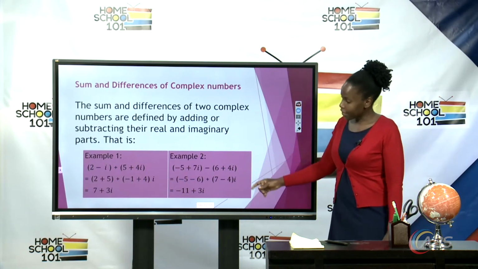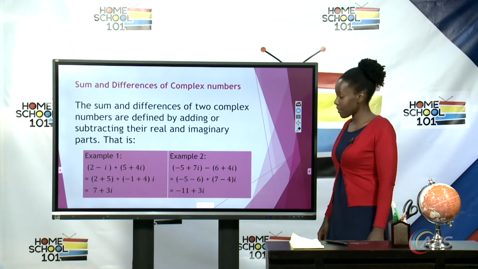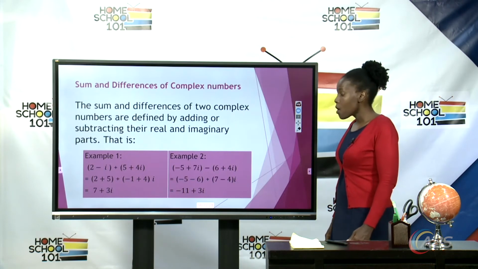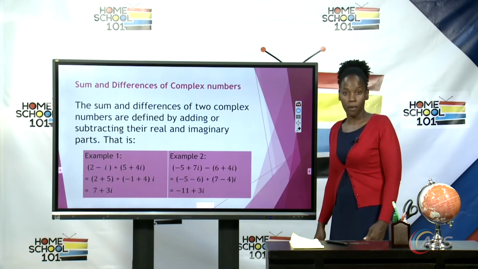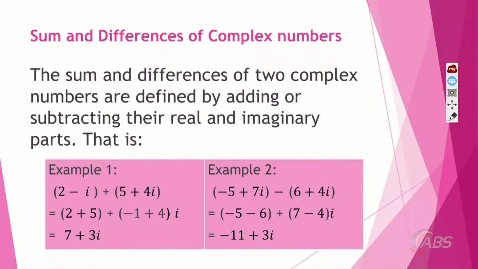Then we proceed to the second example here. We have negative 5 plus 7i minus 6 plus 4i. Again, in this case, what are their real parts? What are their imaginary parts? In terms of their real parts, for the first complex number, the real part is negative 5, and for the second, it is positive 6.